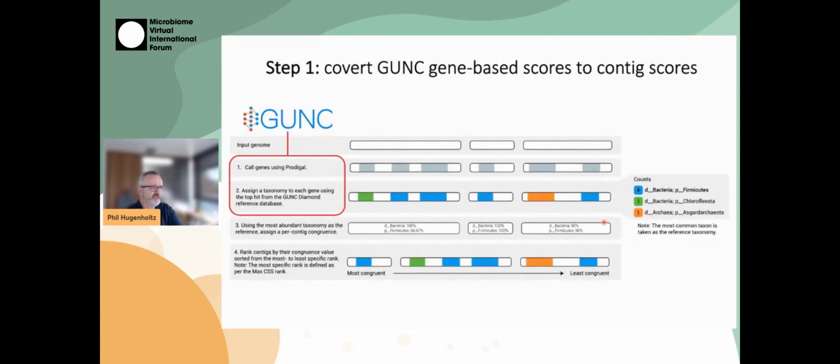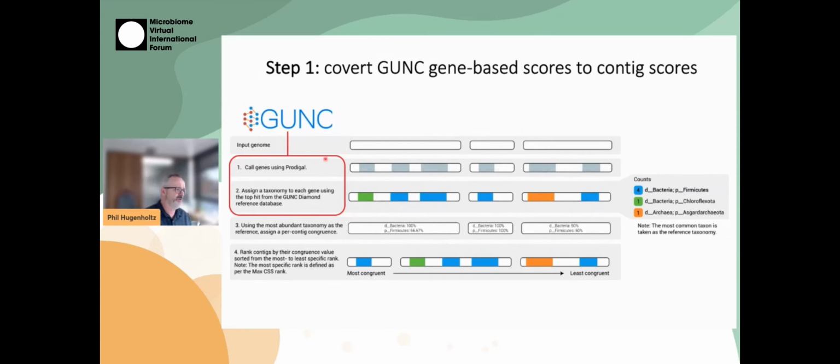So the first thing we did, or the first thing Aaron did, was that we wanted to come up with a contamination score at the contig level. So GUNC produces a contamination score per gene and then pushes it out and gives you a single score for the whole genome. We wanted to have a score for each contig.